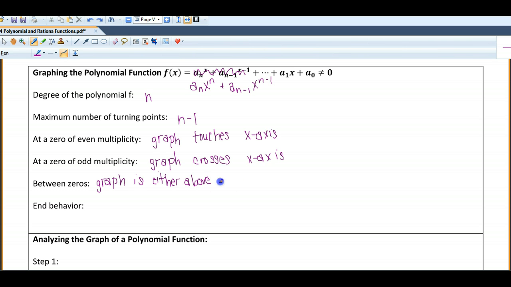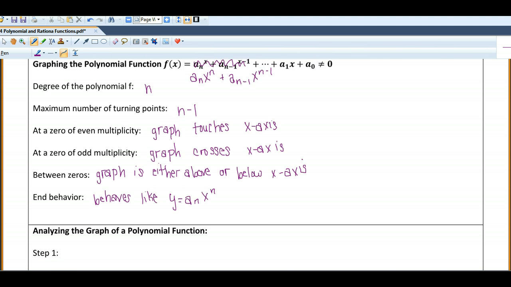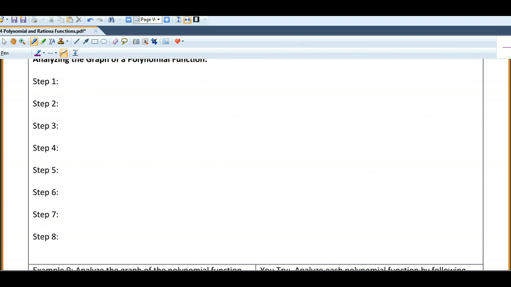And the end behavior, it behaves like y equals a sub n x to the n power. Alright? So, if we were going to analyze the graph of a polynomial function, there are 8 things that we can do.